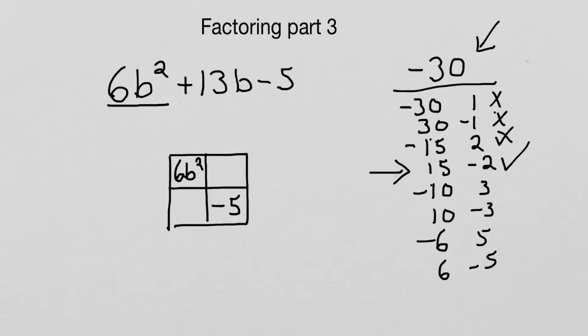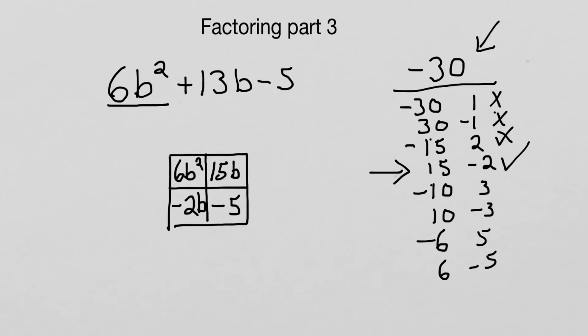You want to put it in the boxes that are left along with the variable. So that's going to be 15b and minus 2b. Oops, I forgot my b. Don't forget your variable.